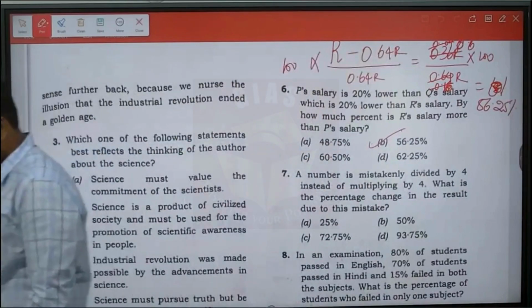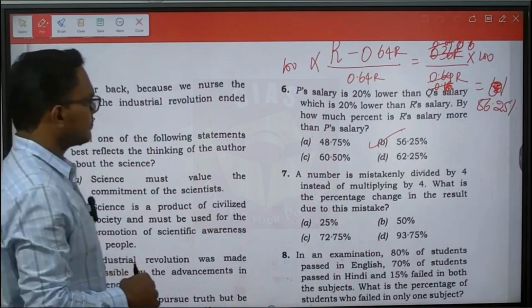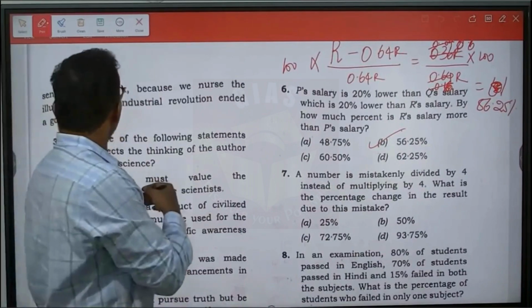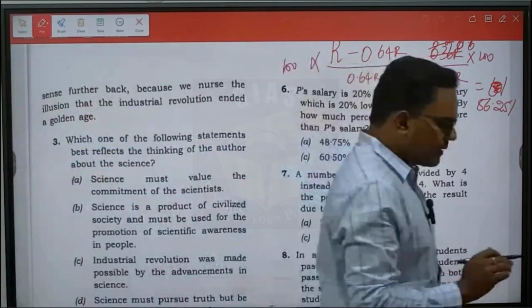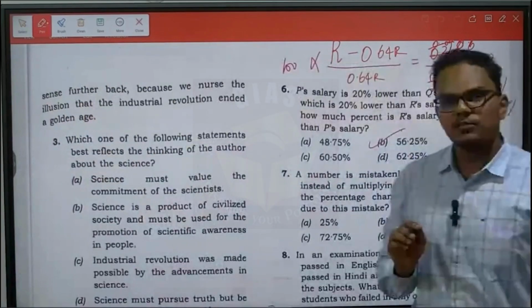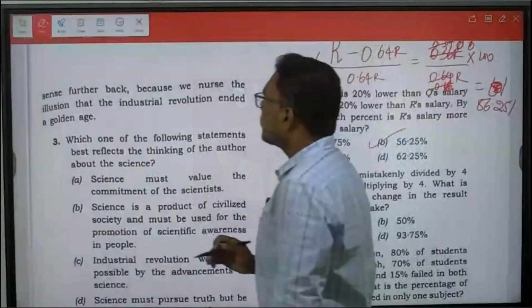So your answer is option B. See, all the three questions that you've seen are relatively simple questions, but every question has a small catch. That's the point that you have to note here. Moving on to the next.